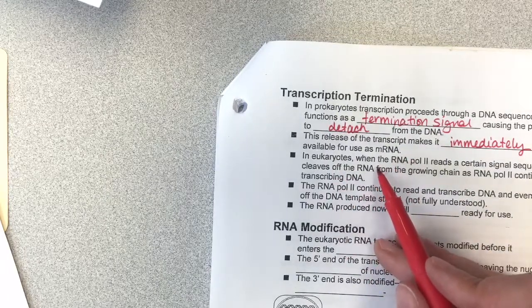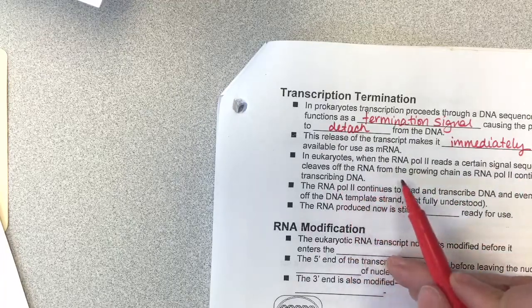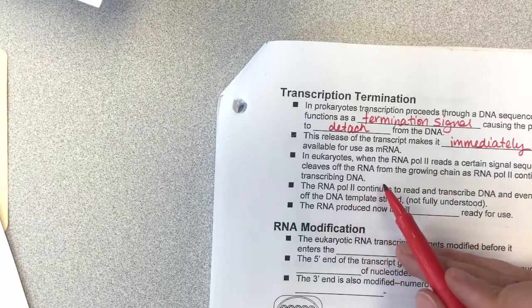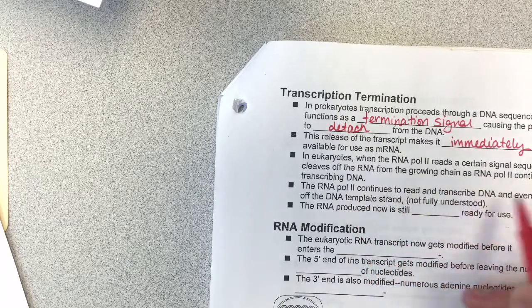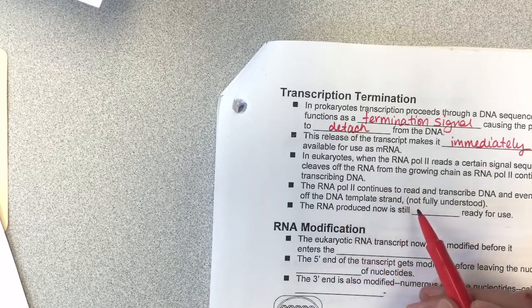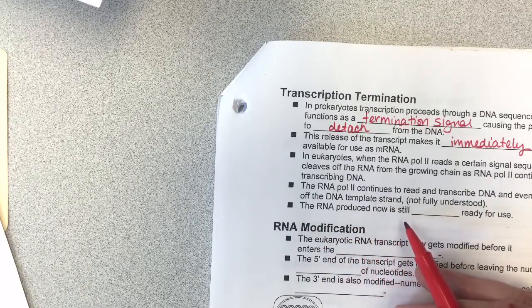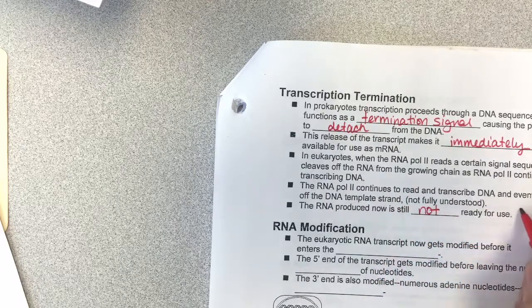In eukaryotic cells, when the RNA polymerase reads a signal sequence, it cleaves off the RNA from the growing chain as the RNA polymerase continues to transcribe the DNA. So even after it's done, it continues on, and it continues to read and transcribe the DNA and eventually falls off. This RNA produced that falls off is still not ready for use, and this occurs in eukaryotes, as I said.